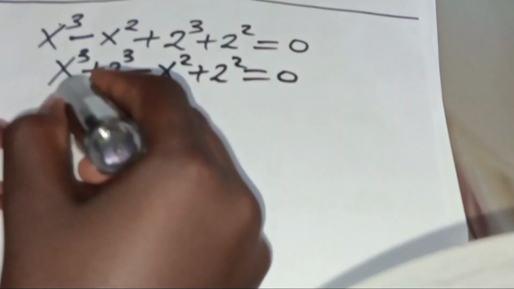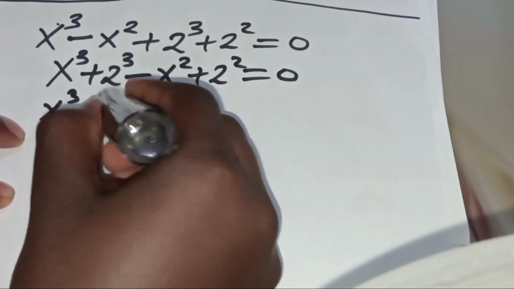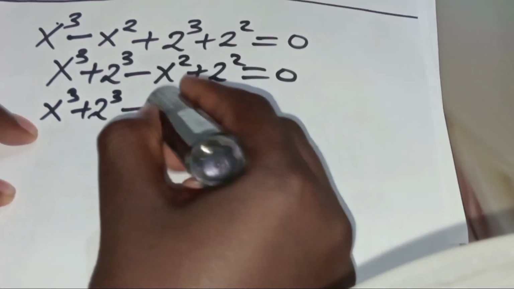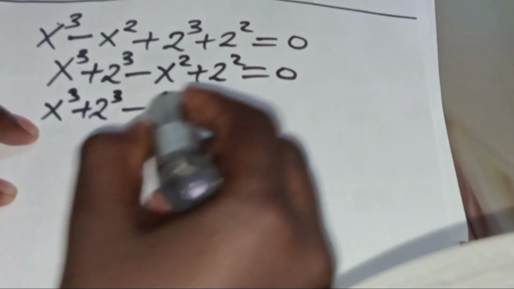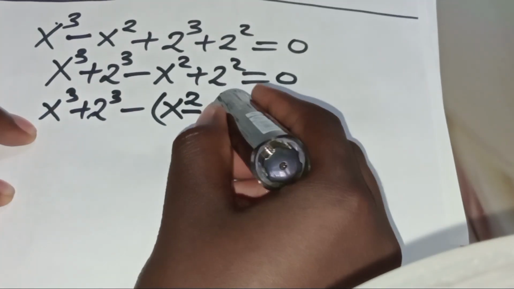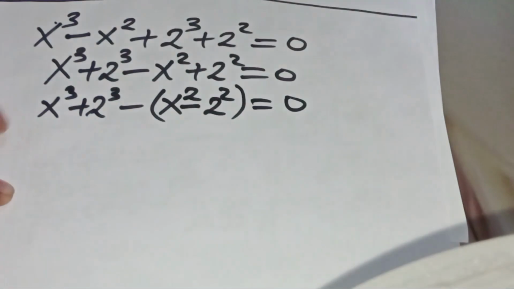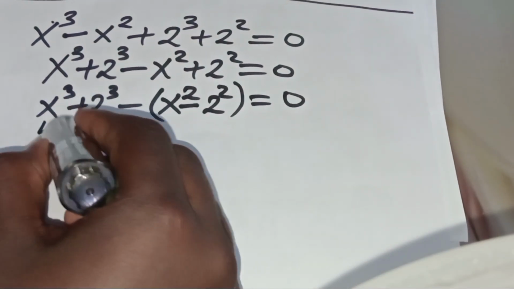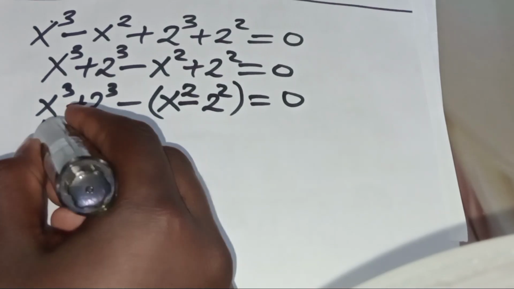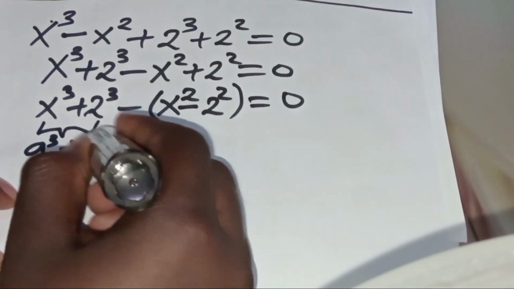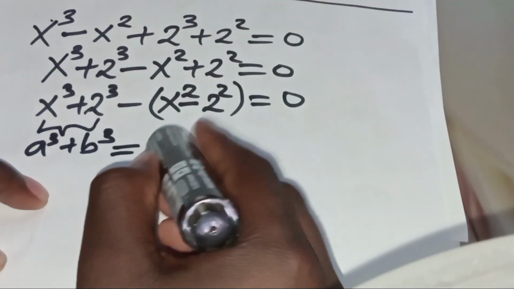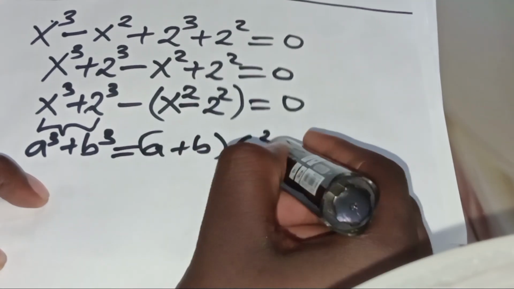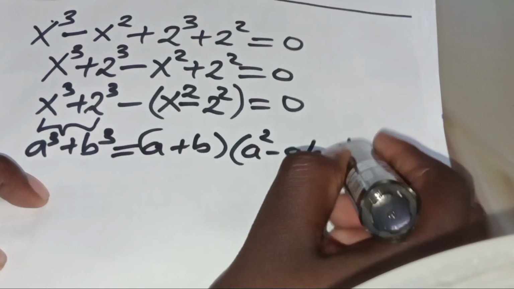Alright, so here we'll have x to power 3 plus 2 to power 3, subtract, now into the parentheses, we'll have x to power 2, subtract 2 to power 2, this is equal to 0. Okay, now the first part is in the form of a cubed plus b cubed, which we can express as a plus b, into a squared subtract ab plus b squared.